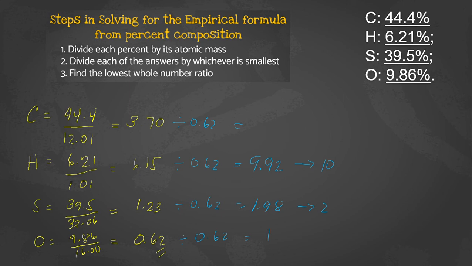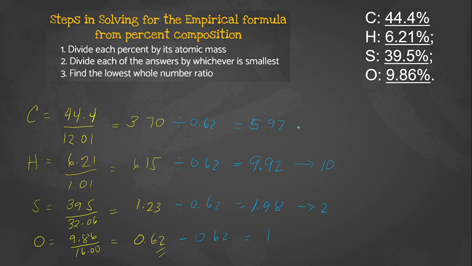Okay? Now, how about for carbon? So, it's 3.70 divided by 0.62. So, the answer is 5.97.